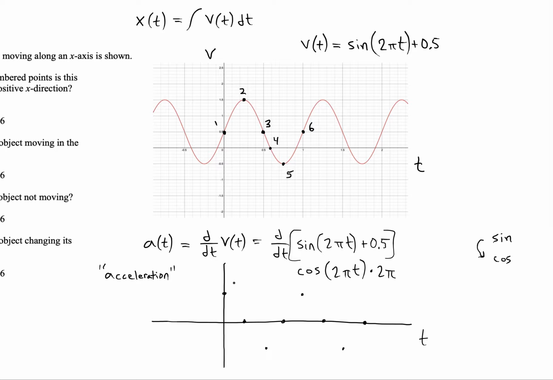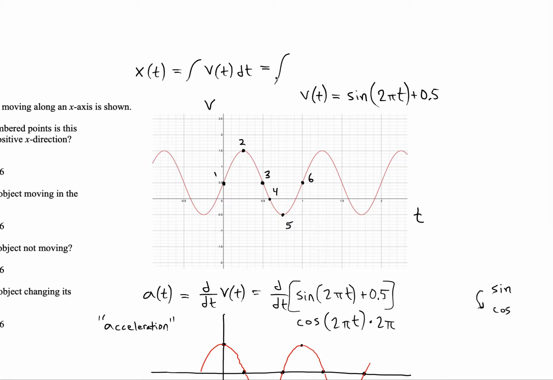Yeah, it would hit those points. Alright, our acceleration graph would look like this. Alright, so that's great to be able to do. But we also want to be able to find an antiderivative so that we can sketch a position graph for this object as well.